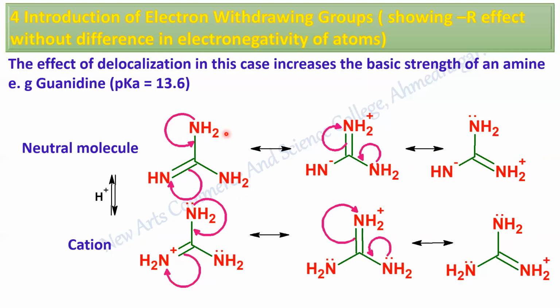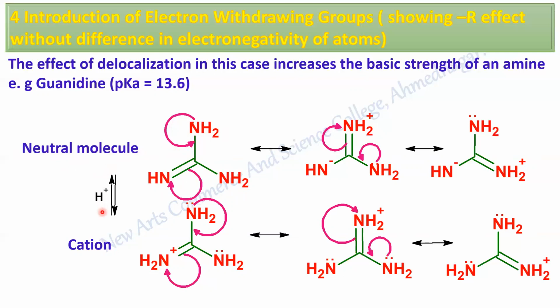So every time, due to the resonance structures, the electron density is shared by the same kind of nitrogen atom, in which case there is no difference in electronegativity. No doubt the density can transfer from here to here to here, but the nitrogen still has the capacity to donate the electron pair. So that happens in the case of a neutral molecule.